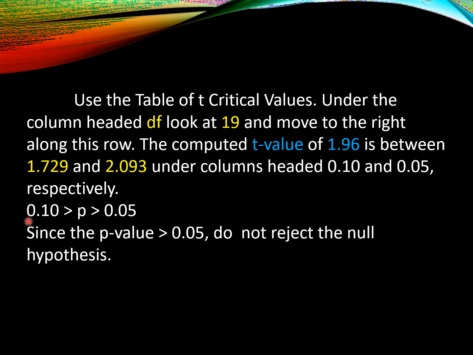Area in two-tail tayo ha kasi non-directional. And then si 2.093 naman yung equivalent alpha niyan is 0.05. So therefore, obviously, the p-value is greater than our alpha, which is 0.05. So, yung second rule yan sa p-value method, the decision to make is to not reject the null hypothesis or i-accept natin yung ating null hypothesis.